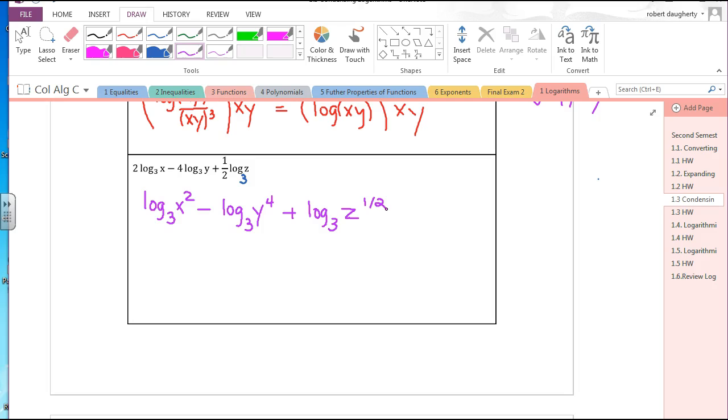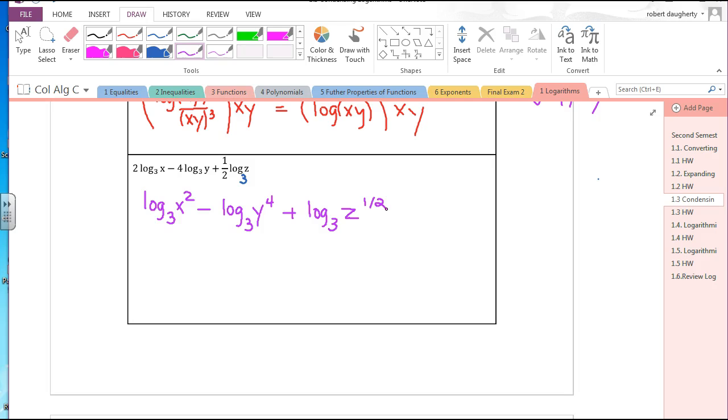I'm ready to combine with product and quotient. When I combine this, what's going to be on the top of the fraction? It's going to be the log of something, the log of a fraction. What's going to be on the top of that fraction? What, the x squared and what else? The z to the 1/2. What will be on the bottom of the fraction?